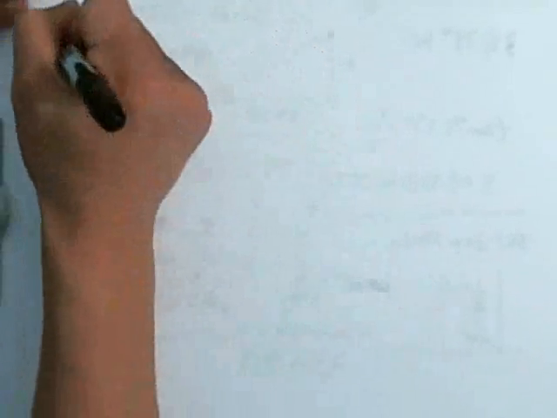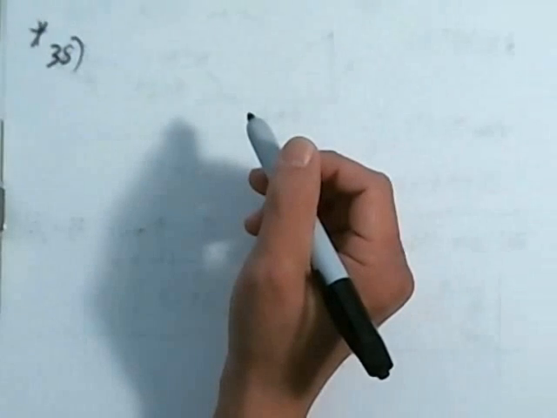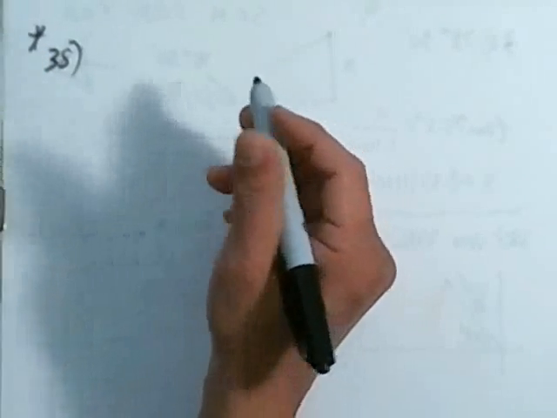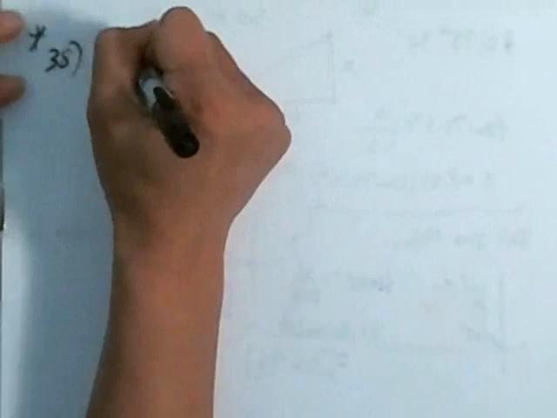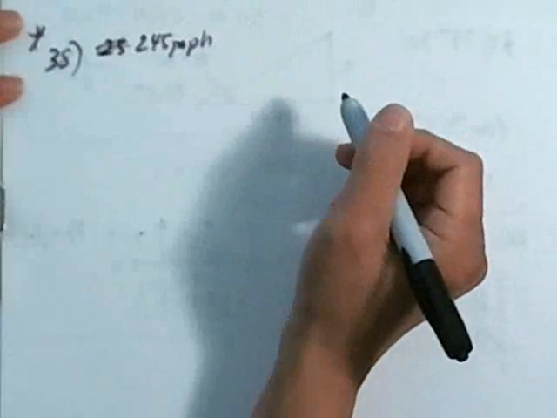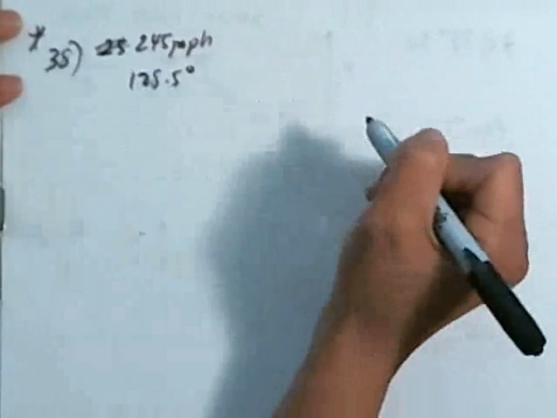True course and speed. This is a rather difficult type of problem, but I know you've done some of these problems, so I want you to try to work this one out. A plane with an airspeed of 245 miles per hour and a heading of 128.5 degrees.